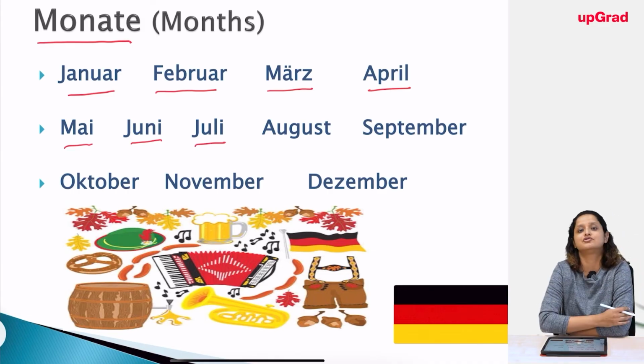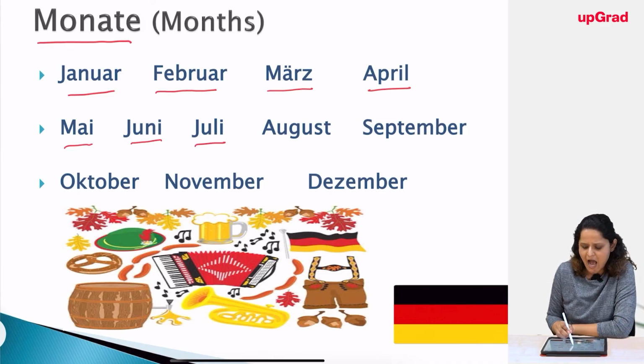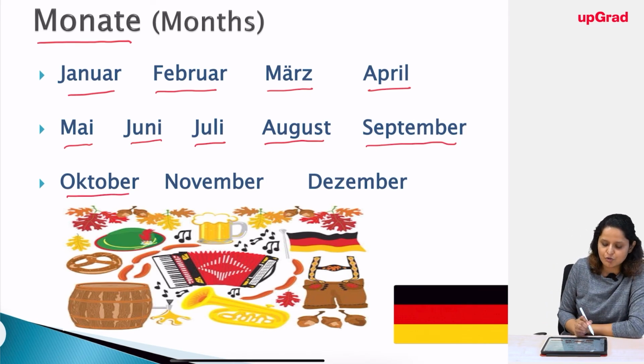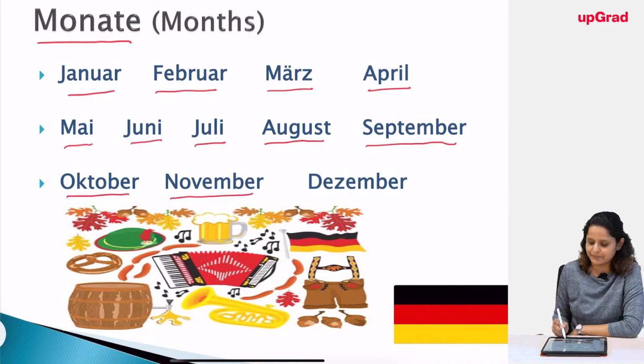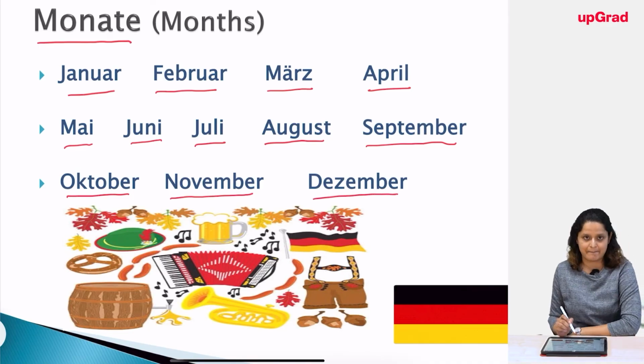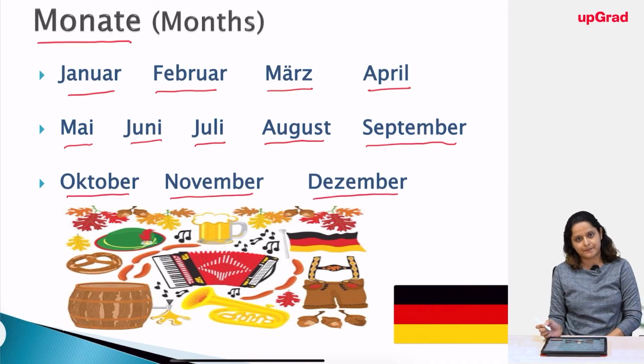Juli, that is July. August, which is August. September, which is September. Oktober, which is October. November, which is November. Und Dezember, which is December.